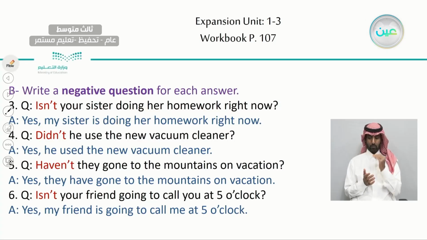So from the answers, you have to write the negative questions. Number 4, didn't he use the new vacuum cleaner? 5, haven't they gone to mountains on vacation? Number 6, the last one, isn't your friend going to call you at 5 o'clock? Okay. This is related to exercise B.